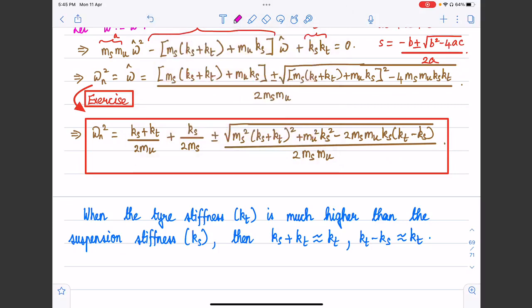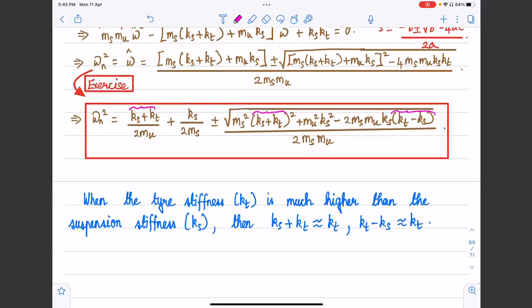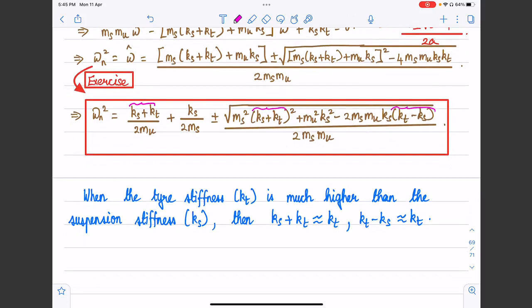So then what is our impact? We will see an impact here. Here Ks plus Kt will become almost equal to Kt. Here also Ks plus Kt will almost be equal to Kt. And here also Kt minus Ks will almost become equal to Kt. So these are 3 places where we will get an approximation. With this approximation, what will happen to this expression?